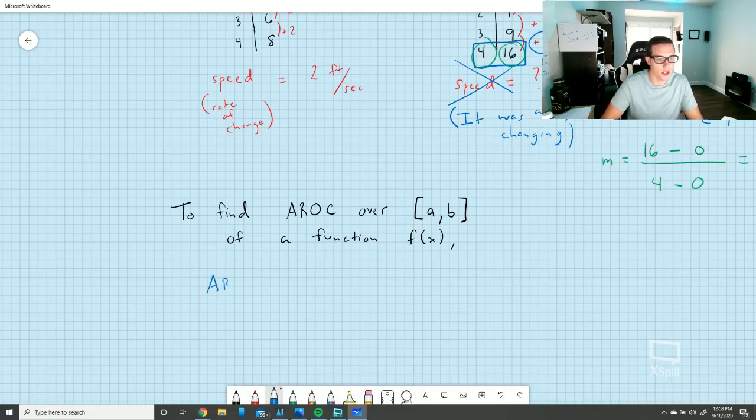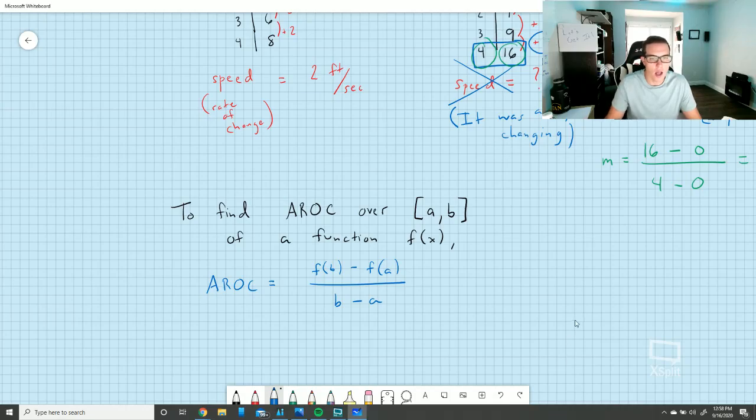The average rate of change is equal to f of b minus f of a, so what you get when you plug in b minus what you get when you plug in a, over b minus a. And then you would just evaluate. It's just the slope that connects the endpoints.